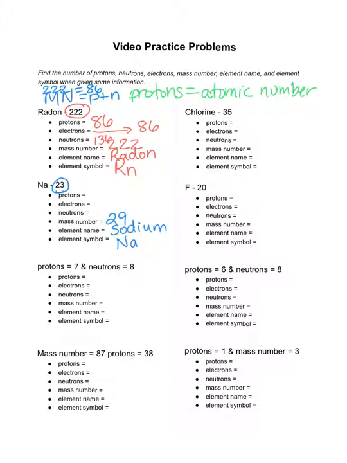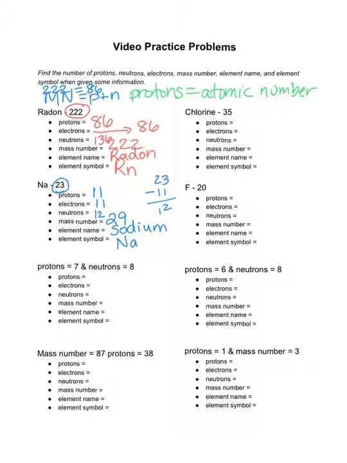Now from the periodic table, Na, I discover the atomic number is 11. So there are 11 protons. For electrons, protons and electrons are always the same when it's neutral, which is what these elements always are. And lastly, to find the number of neutrons, I take the mass number, 23, I take away 11, and I get 12. So my number of neutrons is 12.